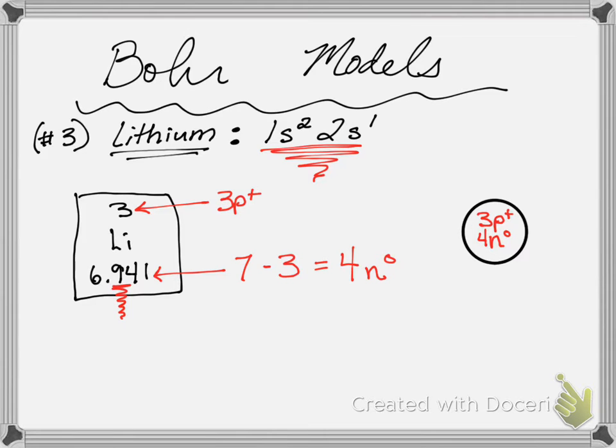You remember what I told you, that the number in front represents the ring number. And since this is a number 1, I'm going to draw the first ring around this atom. Pretty cool, right? So in the first ring, we should only have 2 electrons.